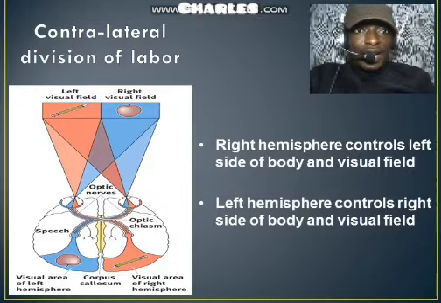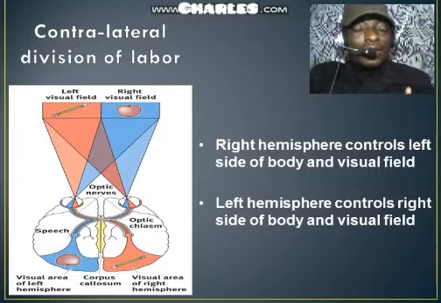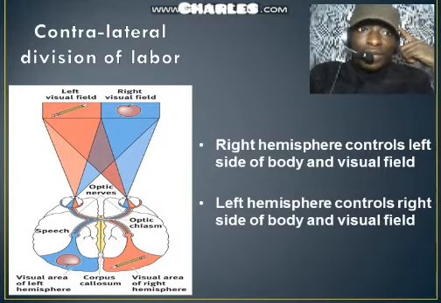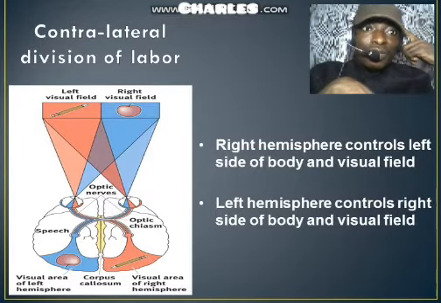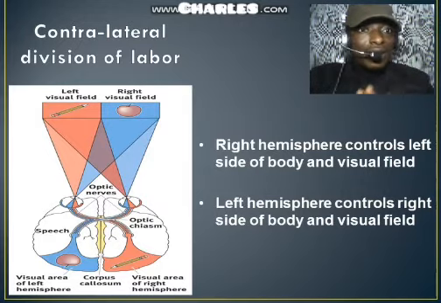So the right cerebral hemisphere controls the left side of the body, whereas the left cerebral hemisphere controls the right side of the human body. So whenever there is damage to the right cerebral hemisphere, the left part of the body is affected. Conversely, when the left cerebral hemisphere is damaged, the right side of the body is affected.